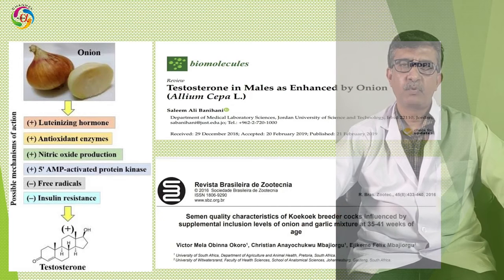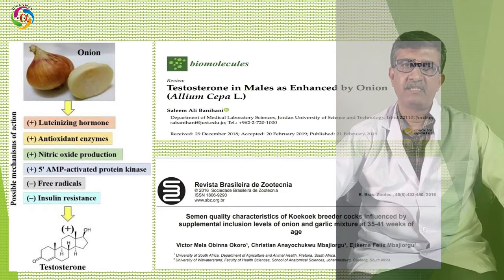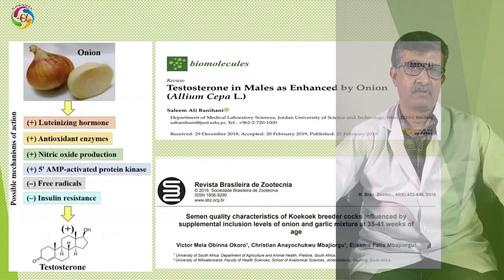By that, they improve the production of testosterone in Leydig cells. At the same time, in this slide we can also see the documented literature where it has been mentioned how onion can improve the testosterone level in male animals and birds.